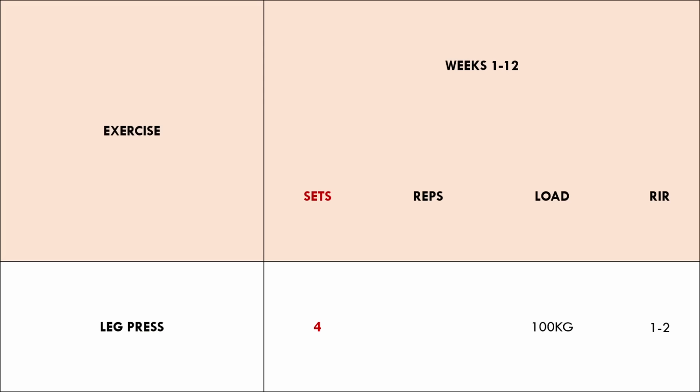The load is relatively lighter and also doesn't change across the entire cycle either. And most importantly, the proximity to failure is prescribed to ensure each set is sufficiently hypertrophic regardless of the load or rep ranges used. So as the lifter goes through the program, they should naturally see slight improvements in lifting performance over time as a result of hypertrophy adaptations.